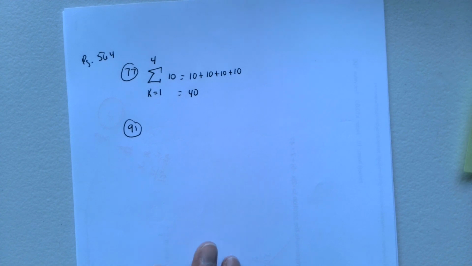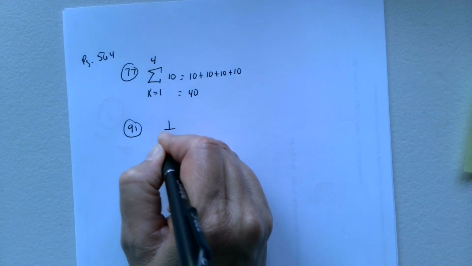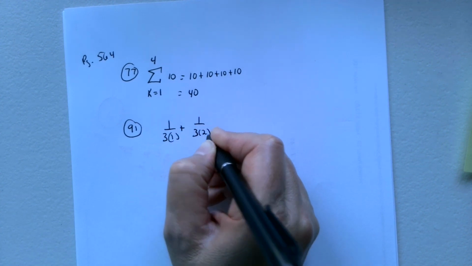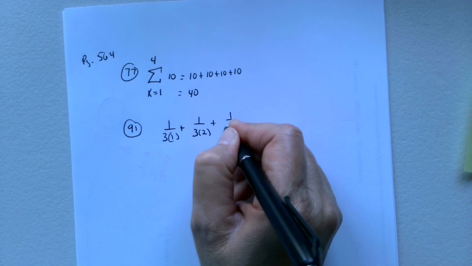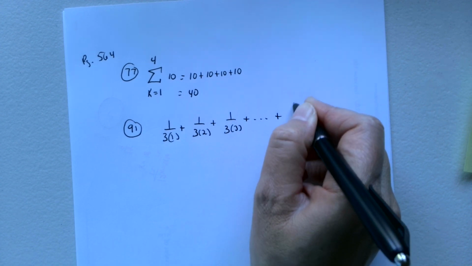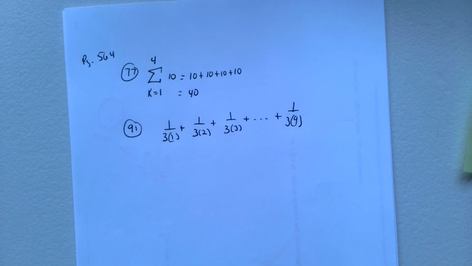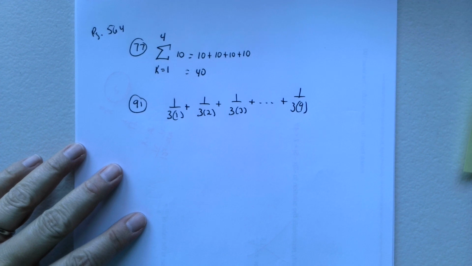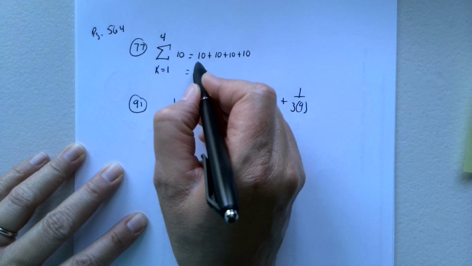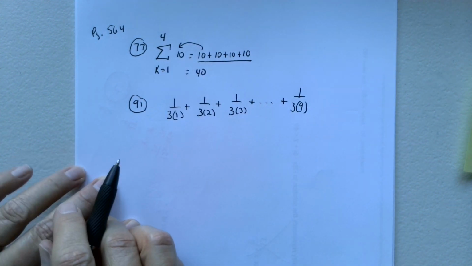Okay, we're not going to do the graphing utility part, but they're giving us the summation notation, and they want us to turn it back into sigma notation. So they always like us to be able to go backwards and forwards.